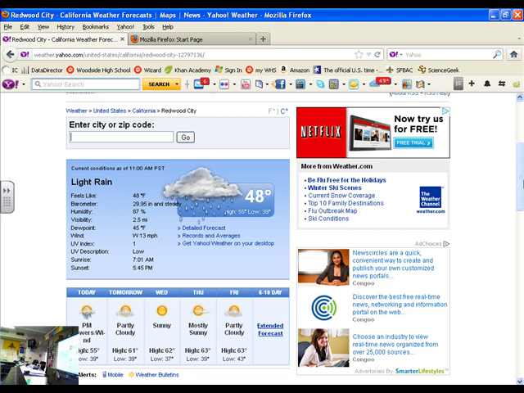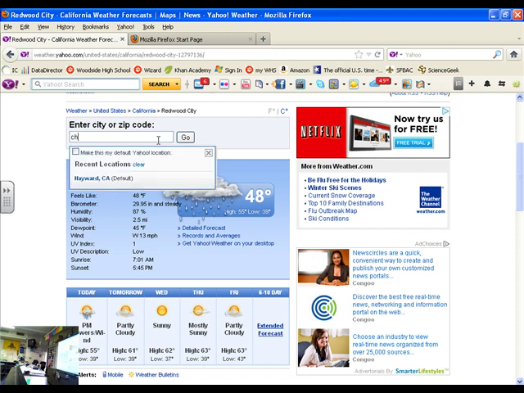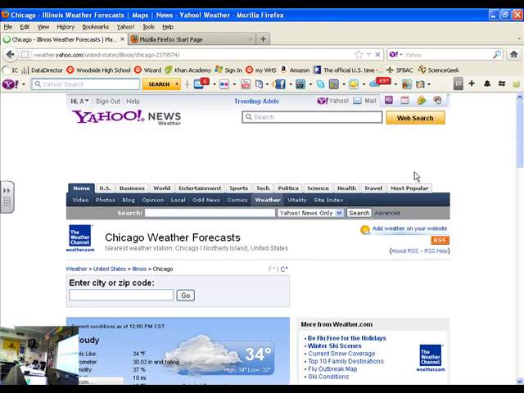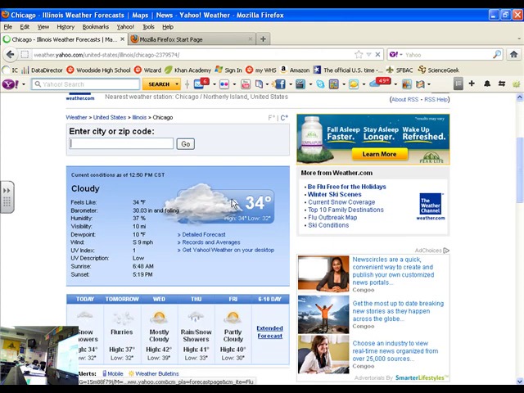Well, let's look at some other places around. I need to call up a few other places on this. So we'll call up Chicago. Notice its humidity right now: very low, 37% humidity, 34 degrees.